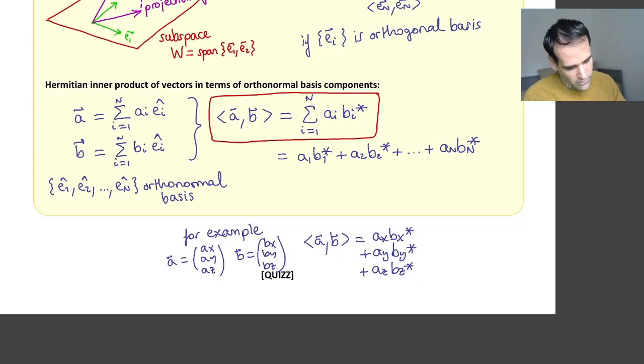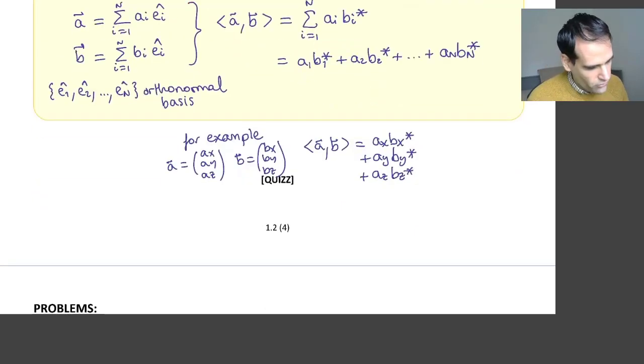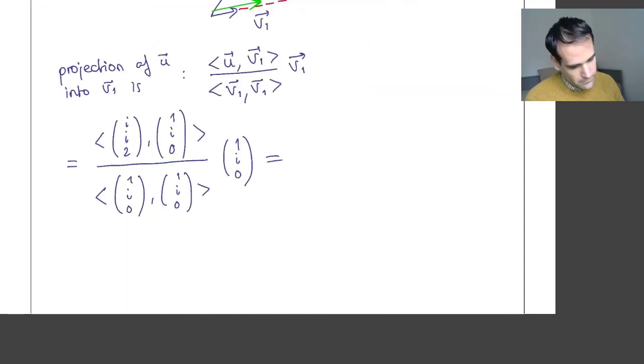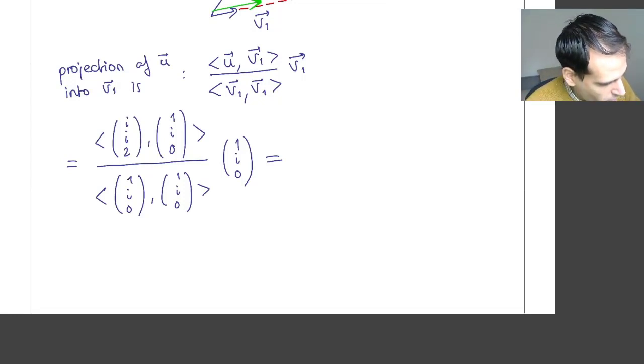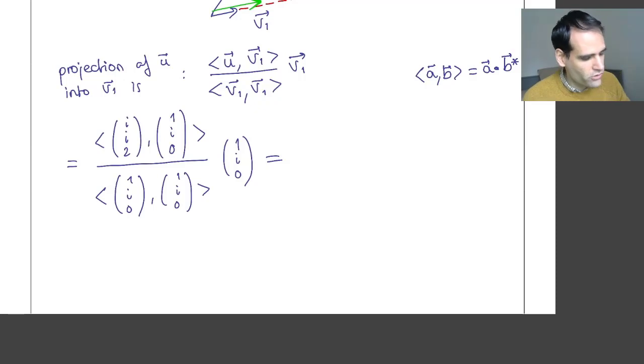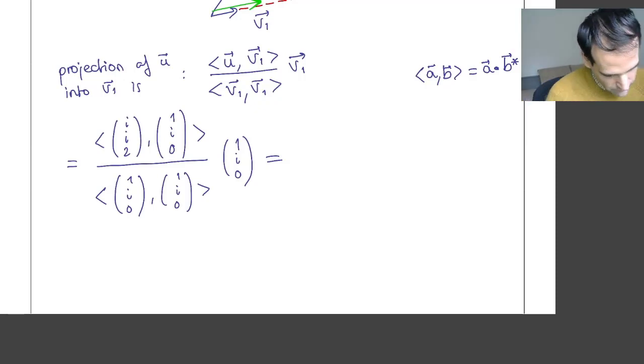Yeah. So that's the equation we're going to use for calculating the inner product. So basically we could write here on the side that A inner product with B is the same as doing the dot product of A times B conjugate. So we conjugate the second vector. Yeah. So let's do that.